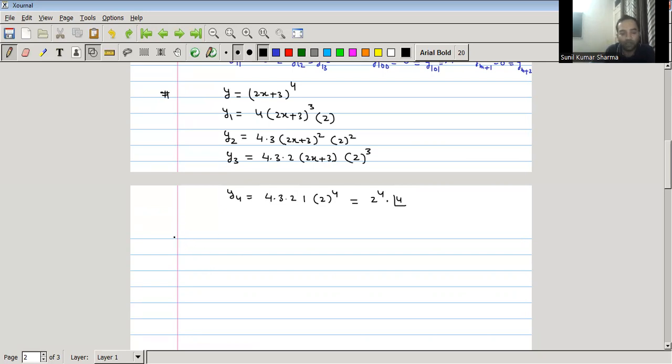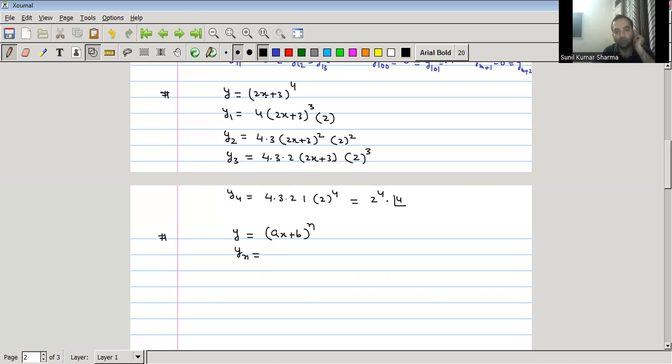So if I have y is equal to (ax plus b) to the power n, where a and b are any real numbers, right? How can we find yn, or can you tell me what is the value of yn, the nth derivative of y? You can see the above result.